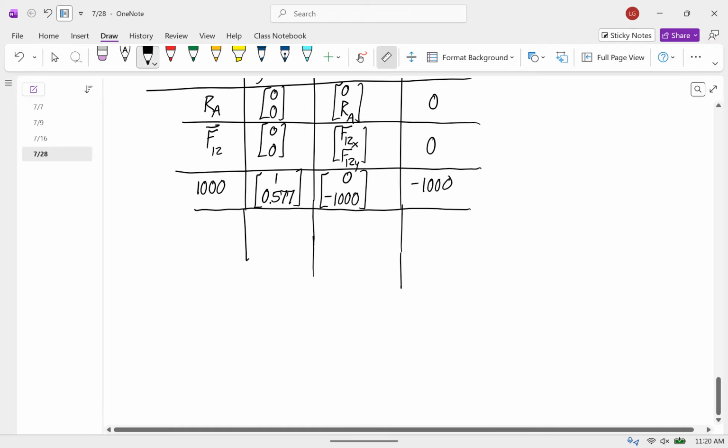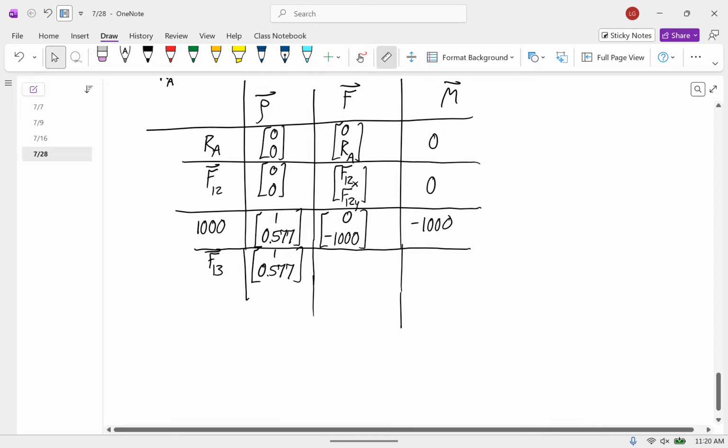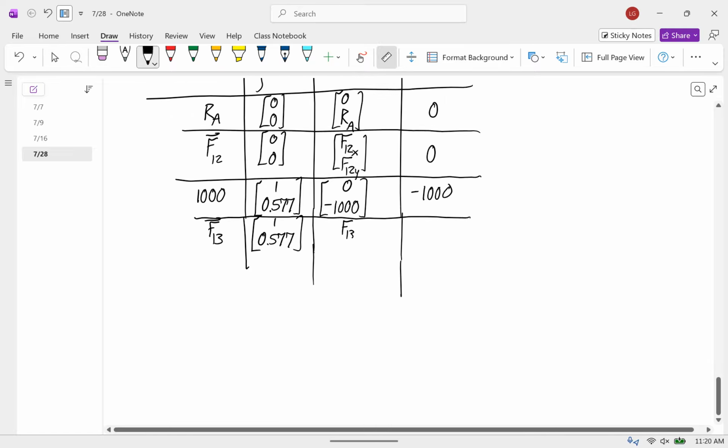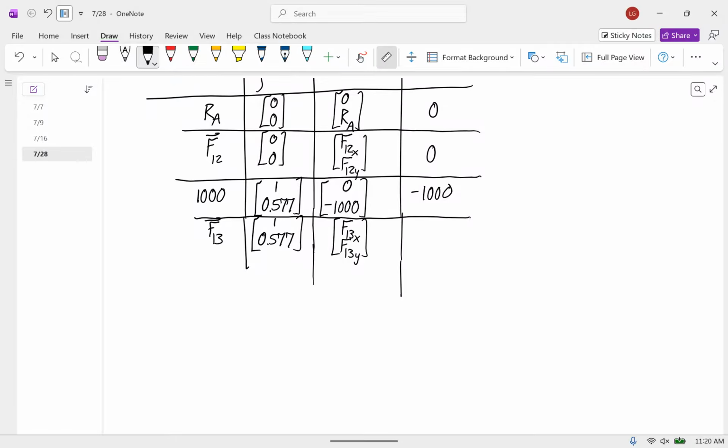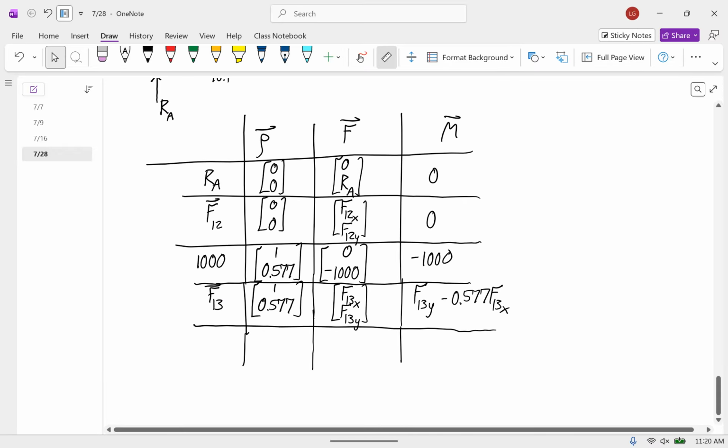Then we have F13. The row vector is 1, 0.577. The force vector is F13x, F13y. Cross product is F13y minus 0.577 F13x. And now the last one is the weight force.